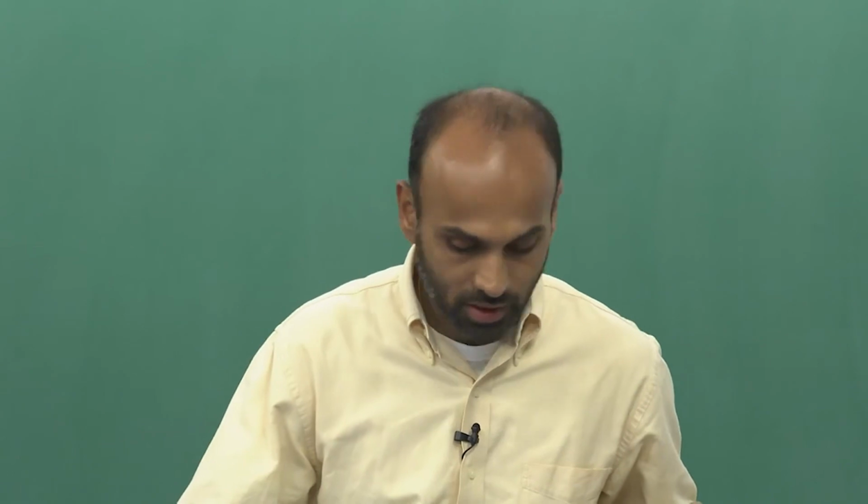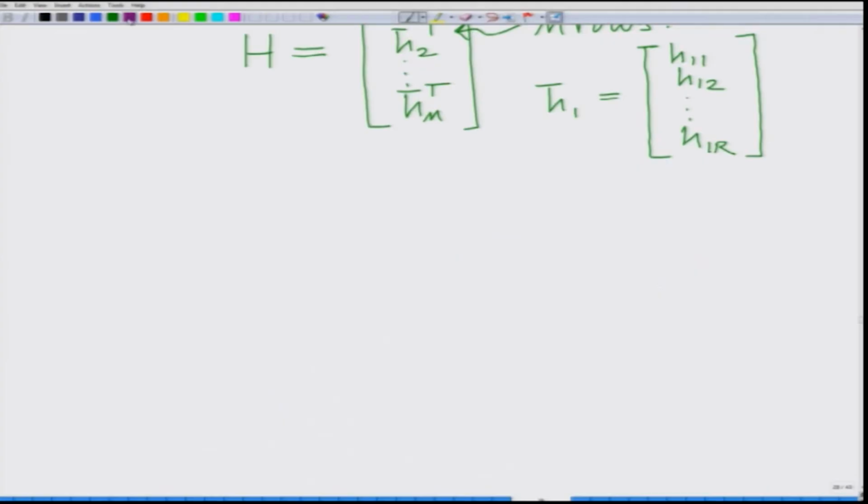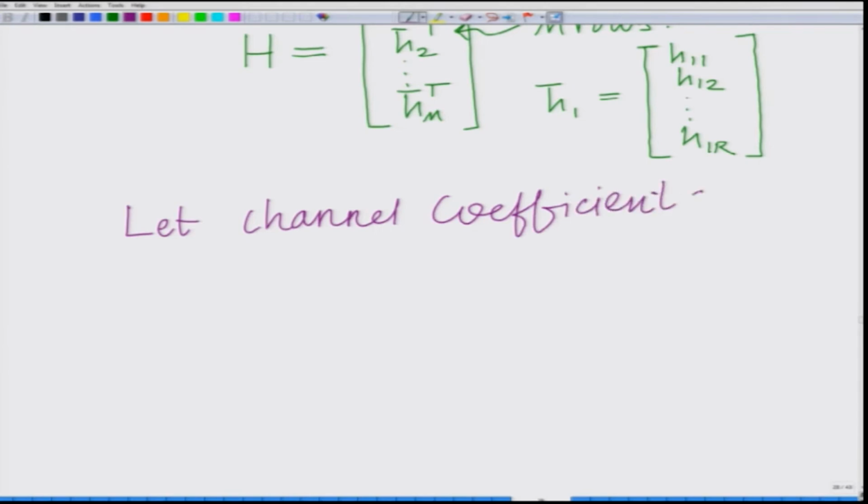Now, let the channel coefficients Hij be IID, not necessarily Gaussian; they can be independent, identically distributed. Let us first start with the mean.